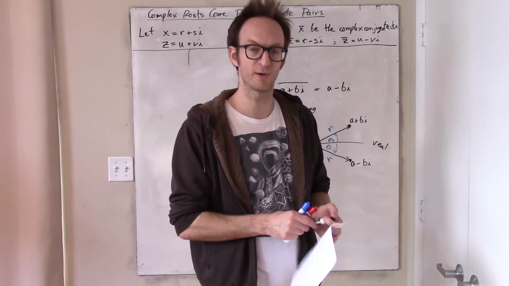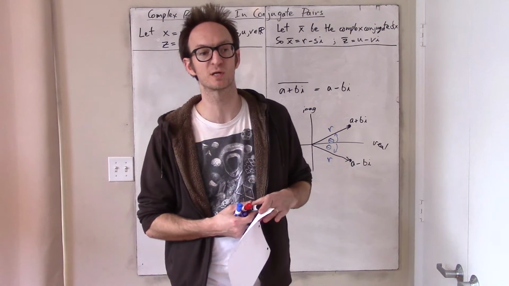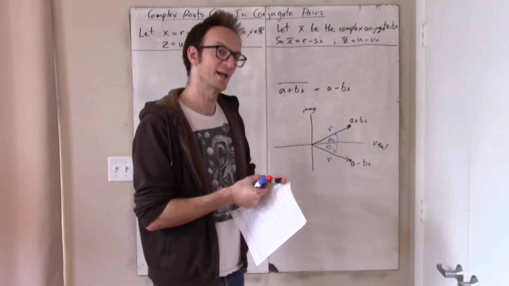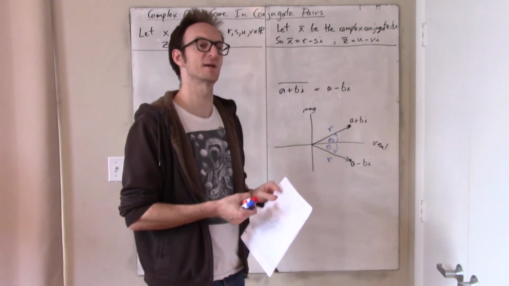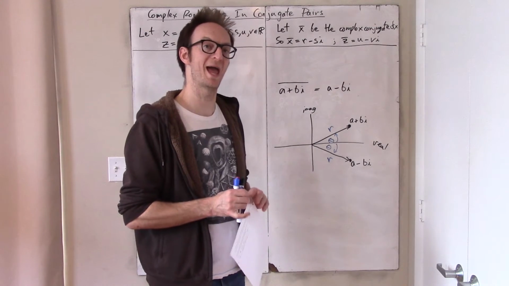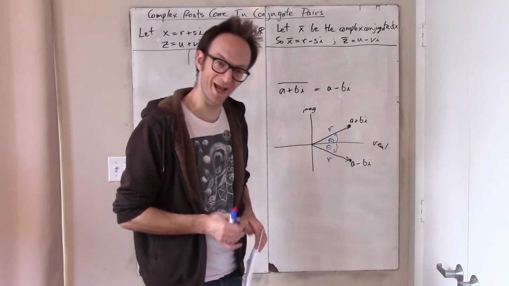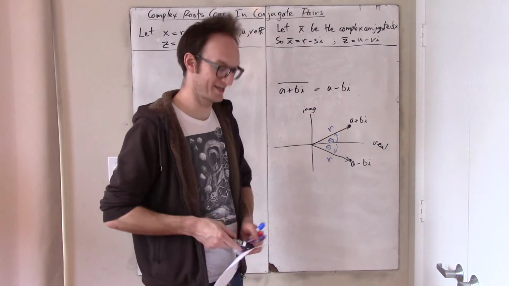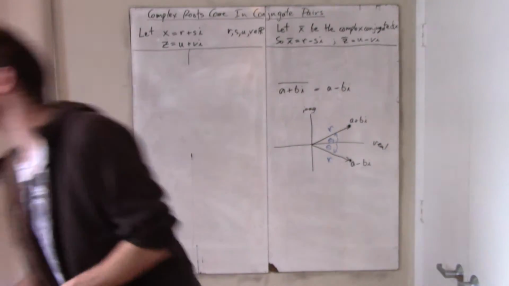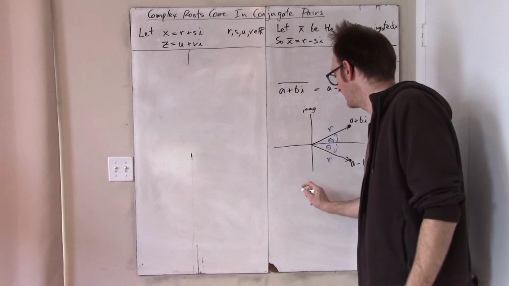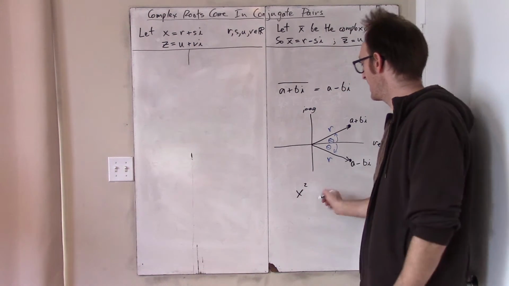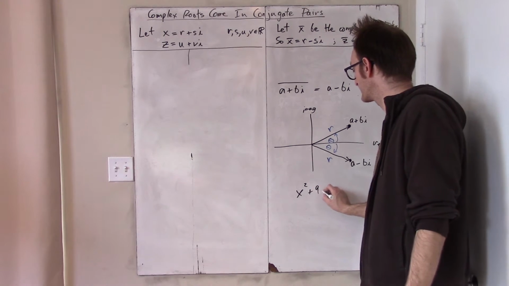And so, in every respect that matters, they are kind of like the same thing. A deep way of thinking about everything we're about to do is that real numbers can't tell the difference between a complex number and its conjugate. In other words, take an equation for example, x squared plus 9 equals 0.